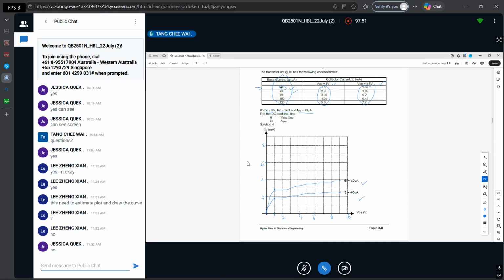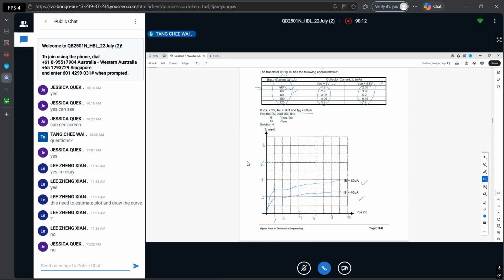1 volt is here. Then next, I look at the same row. What is the collector current IC? You said 1.9, very close to 2.